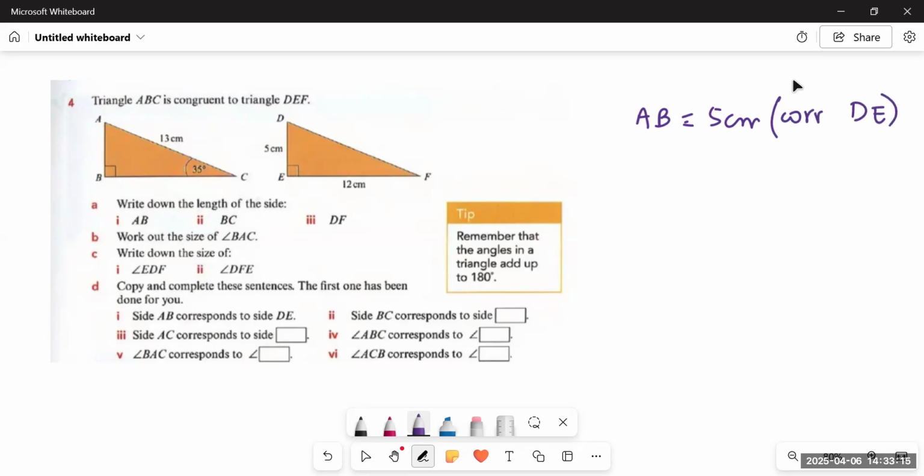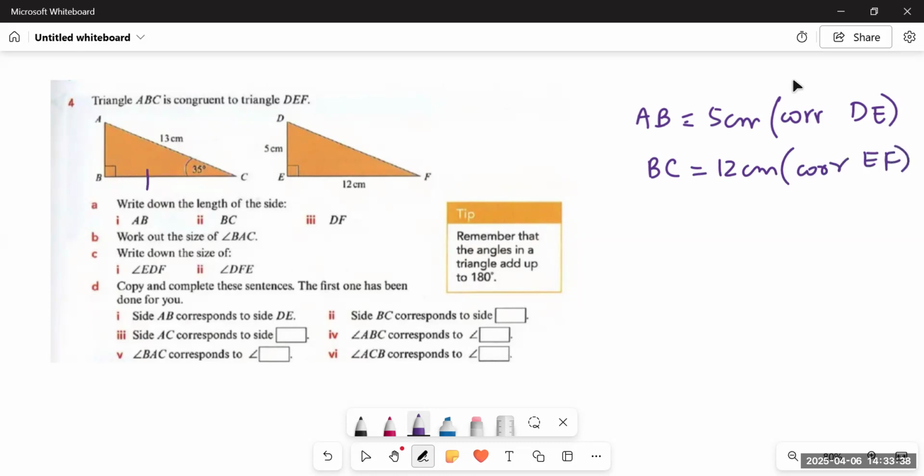Okay? And corresponding sides are always equal to each other when the two figures are congruent to each other. And then BC, if you talk about BC, BC is corresponding to EF. So we can write BC is equal to 12 centimeters because it's corresponding to EF.